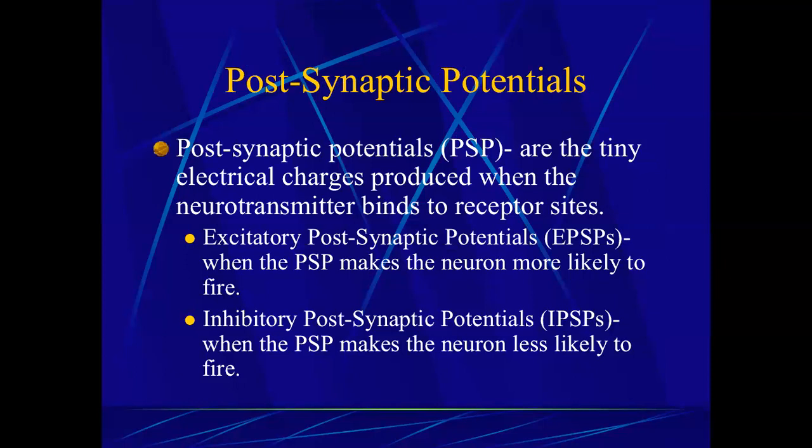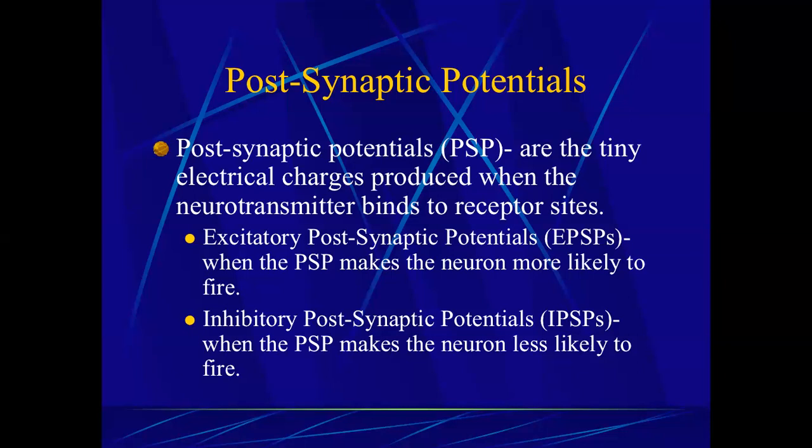What's happening on the postsynaptic membrane? Remember, the neurotransmitters, which are chemicals, are going to bind to receptors on the dendrites on the second neuron. Well, I said to you earlier that depending on whether the neurotransmitter is an excitatory neurotransmitter or an inhibitory neurotransmitter, the voltage of that second neuron is going to be altered.